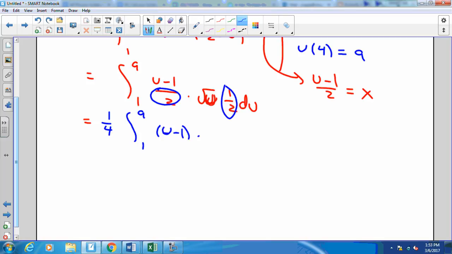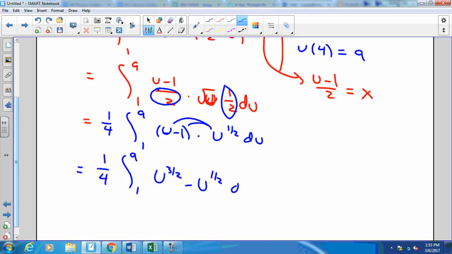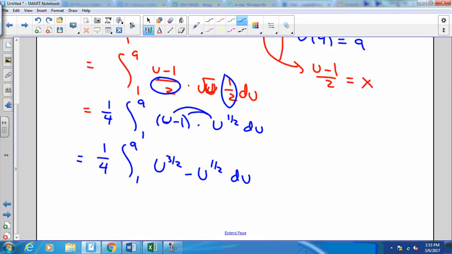Don't forget parentheses because the horizontal bar is a grouping symbol. And I'm going to rewrite the square root of u as u to the 1/2. Aha! This is getting clearer. Because of this, I can now distribute and get the integral of u to the 3/2 minus the integral of u to the 1/2 du.